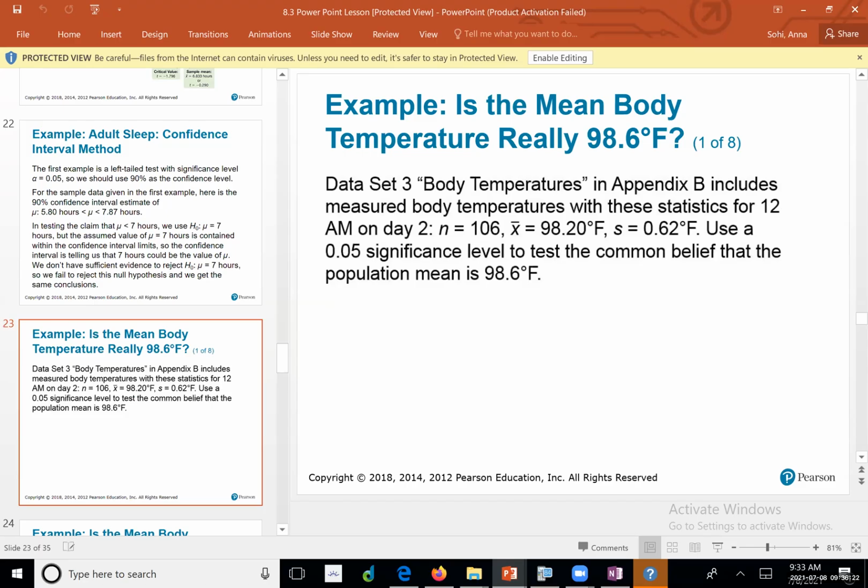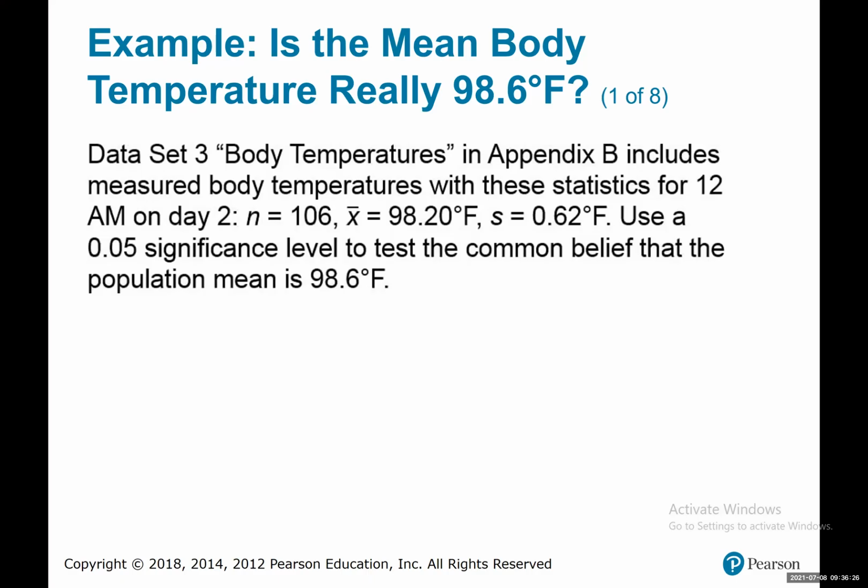Okay, let's do another one. So now this time they gave you body temperature, and they say use a 5% significance level to test the common belief that the population mean is 98.6.